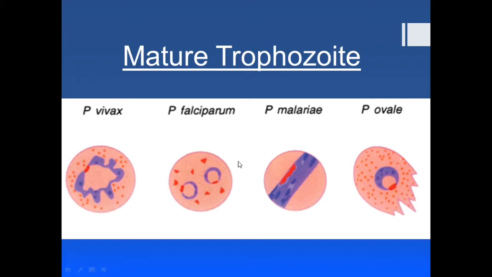In falciparum, the large trophozoite form is not seen in the peripheral blood, because it leaves the peripheral blood and enters the blood vessels of the internal organs. So the peripheral blood mainly doesn't show Plasmodium falciparum. But you have to remember these three: the peripheral blood will show an irregular ring in Plasmodium vivax, a band in Plasmodium malariae, and a definite ring in Plasmodium ovale. So you have to remember that.